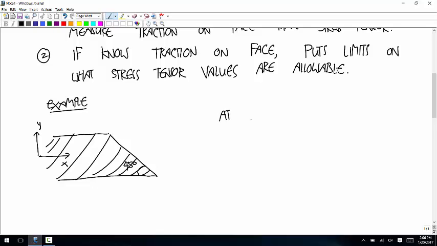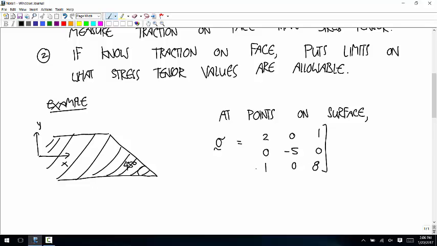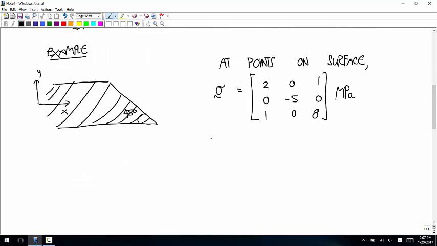And let's say at points on that surface, the stress tensor is equal to [2, 0, 1; 0, -5, 0; 1, 0, 8], and that's in megapascals. Each of these is 1 times 10^6 pascals. Based on that, we want to figure out what the distributed loads on that surface are.